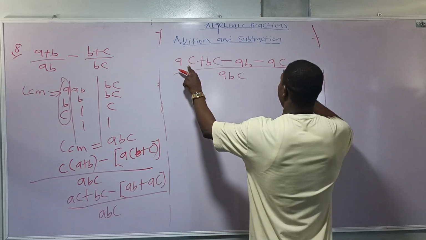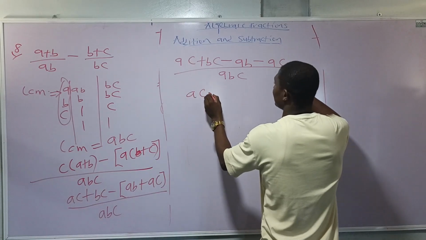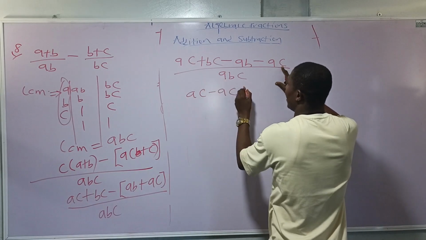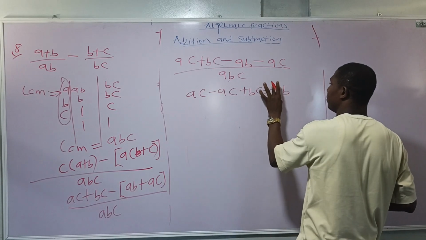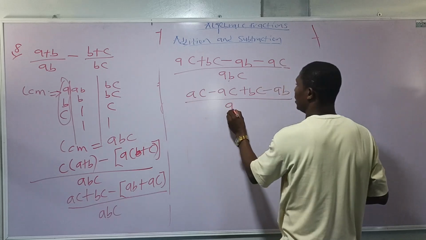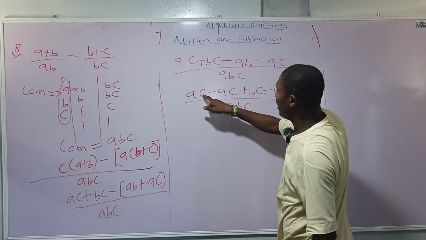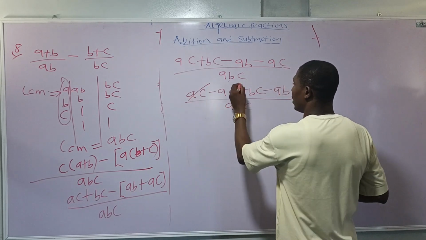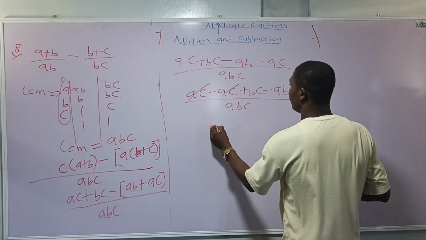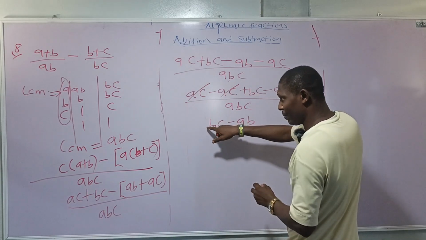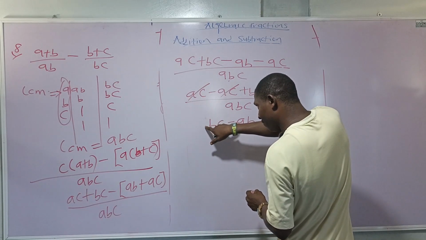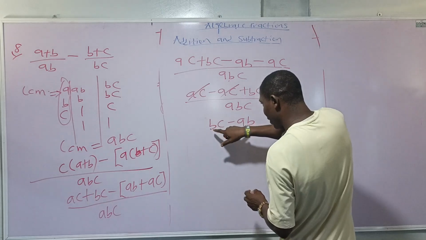I have AC, I have AC here. So I have AC minus AC. And I have my plus BC. And I have my minus AB. All over what? ABC. AC minus AC will cancel out to 0. And I have BC minus AB left. Plus BC is the same thing as BC, since it's the fixed expression coming out.